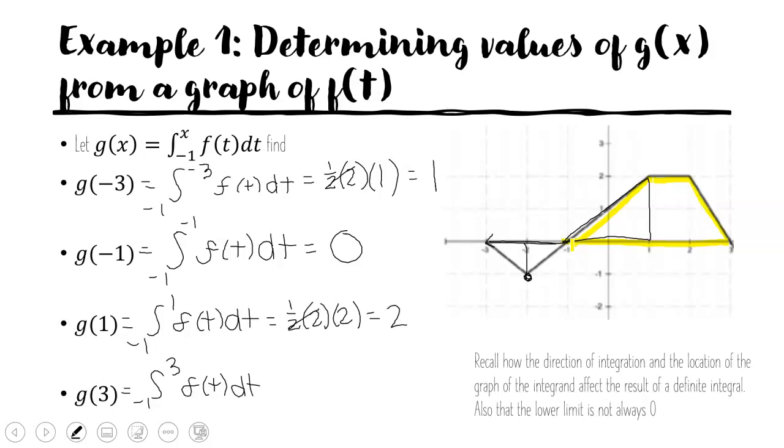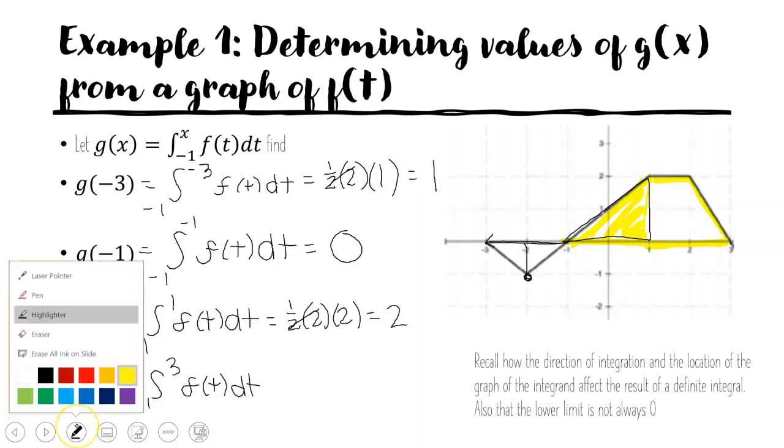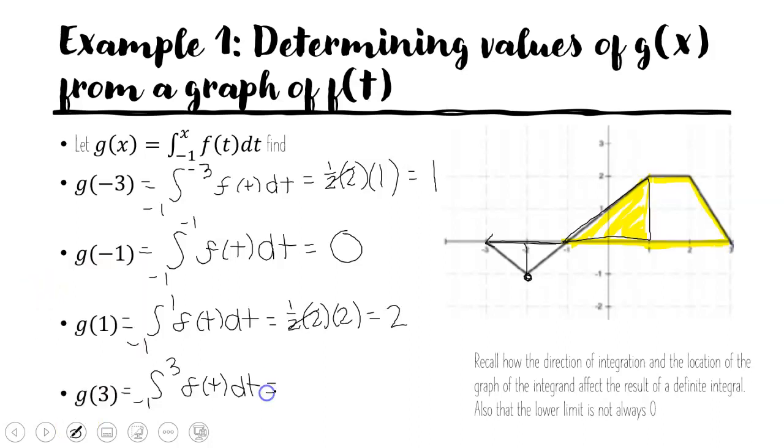Or again, you include that triangle and then find the trapezoid of the remaining. Either way, you'll get 5.